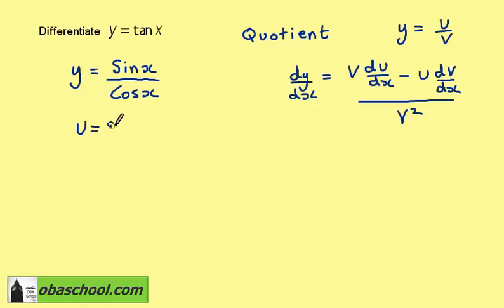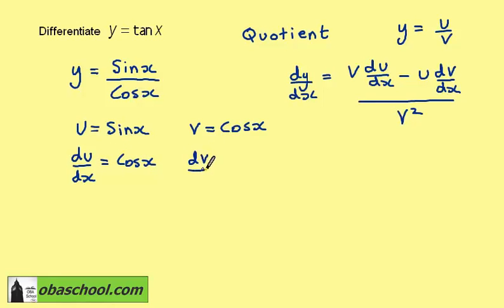So u is equal to sin x, and v is equal to cos x. du dx then is cos x, and dv dx is equal to minus sin x.